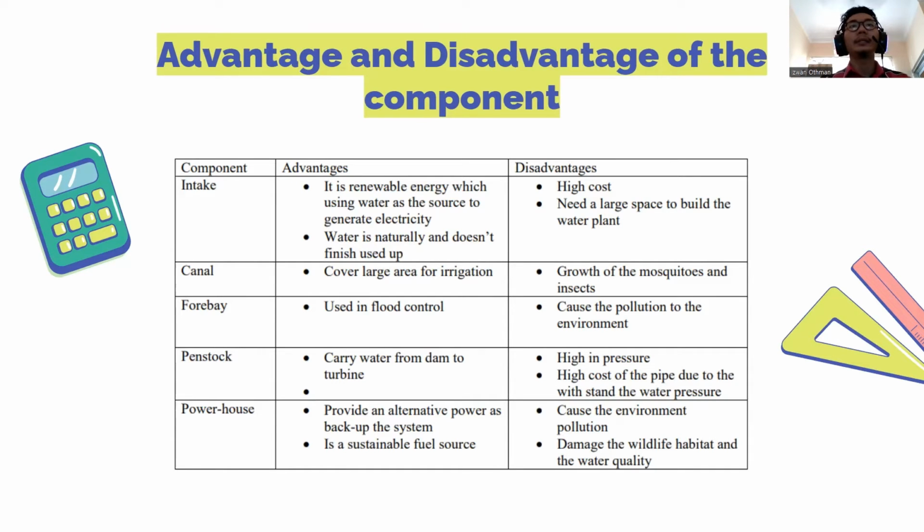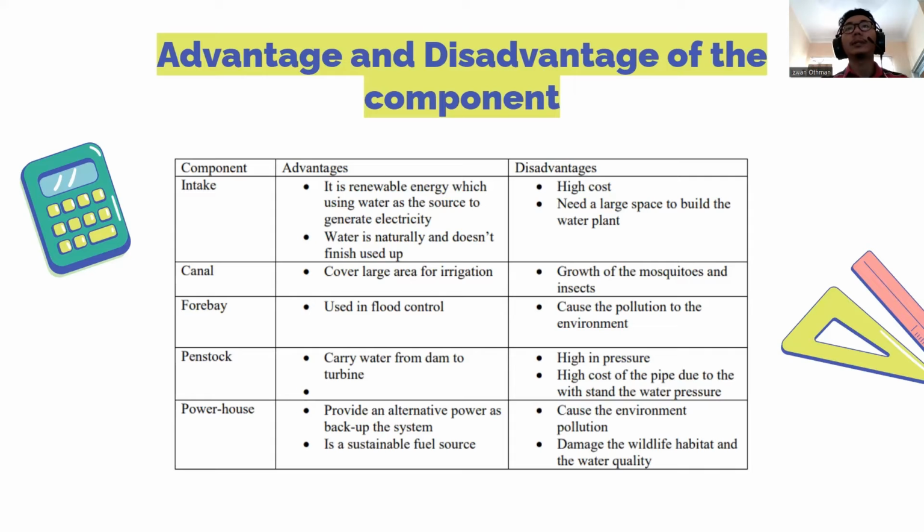The advantage is that it is renewable energy which uses water as a source to generate electricity, and the water is natural and doesn't get used up. The disadvantage is that the intake usually has a high cost to construct.